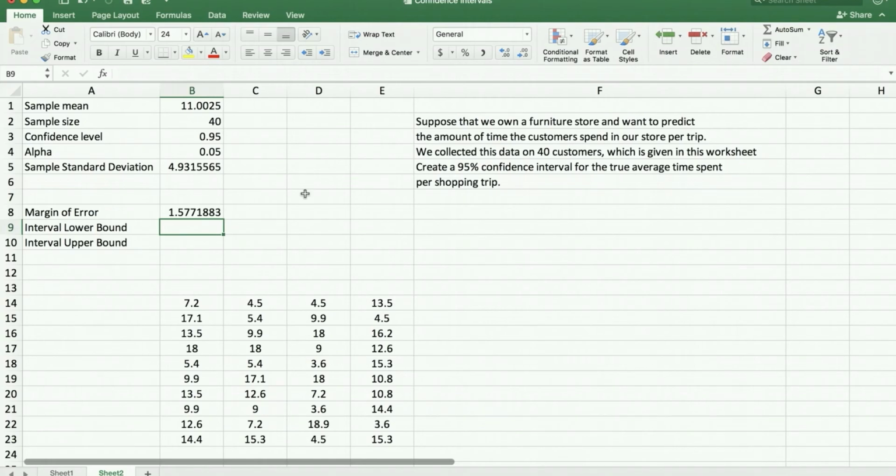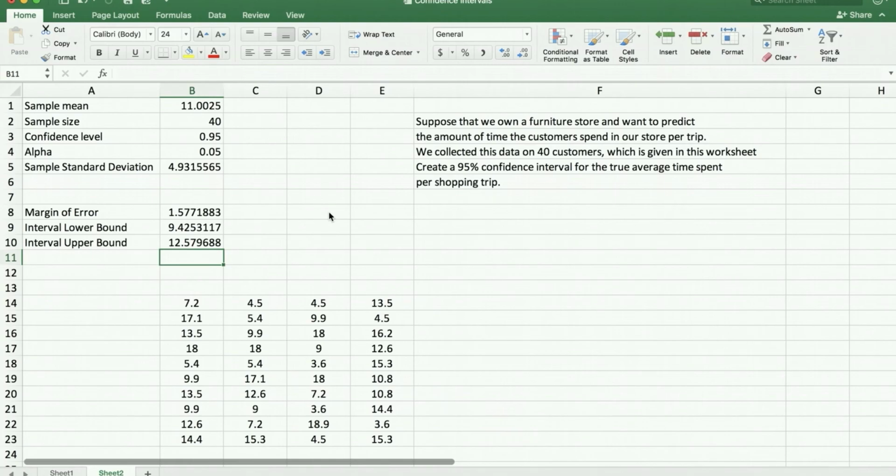and that will be 1.57. And again, similar to the previous approach, we are going to do the sample mean minus the margin of error to calculate the lower bound, and we are going to do sample mean plus the margin of error to calculate the upper bound. So the sample mean minus the margin of error, that is my lower bound, and then the sample mean plus the margin of error is my upper bound.